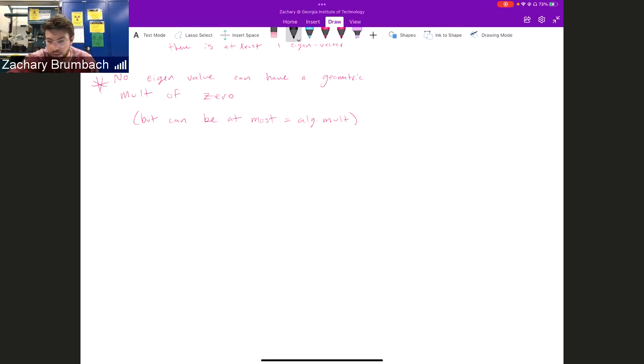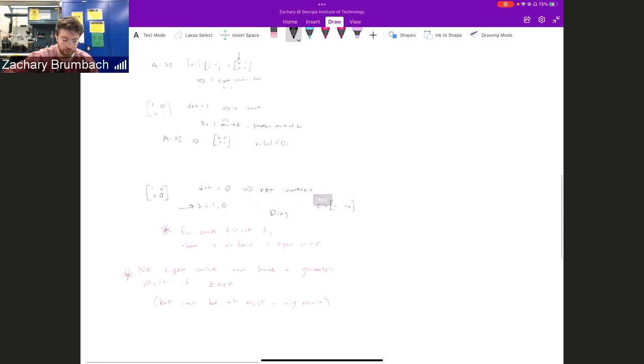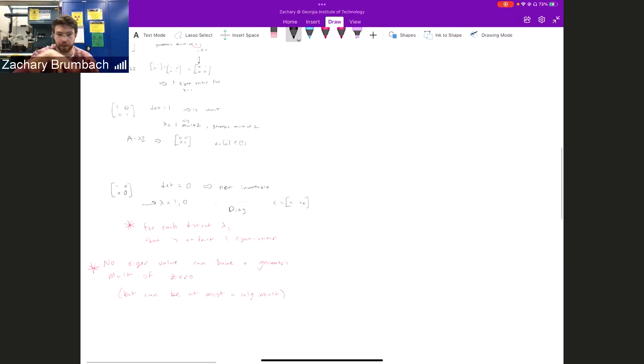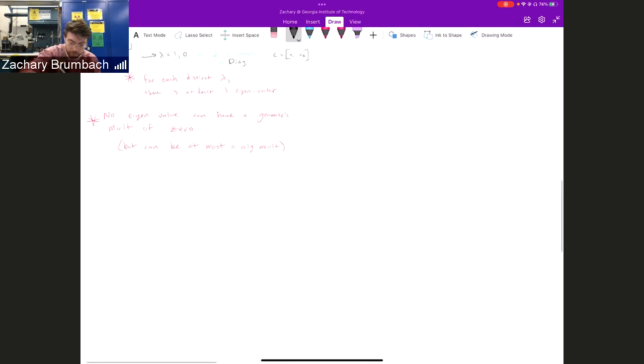Okay, are there any other questions about this idea of algebraic and geometric multiplicity and how to determine if it's invertible or diagonalizable? That's probably a good example. 0, 1, 0, 1, lambda equals 0, lambda equals 1, determinant equals 0.